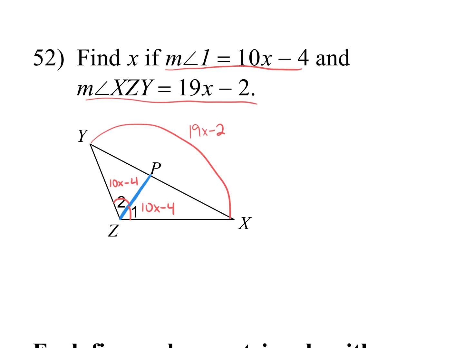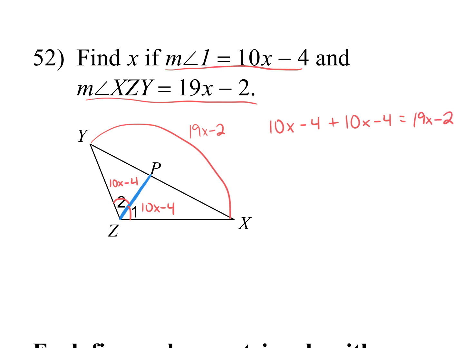So what's an equation I can set up here? Yep, adding up these two, it's just like that segment one we talked about the first day. 10x minus 4 plus 10x minus 4 equals 19x minus 2. So then I solve here.